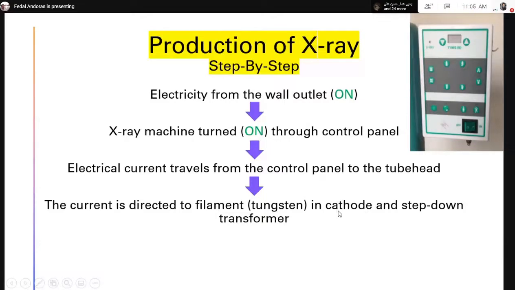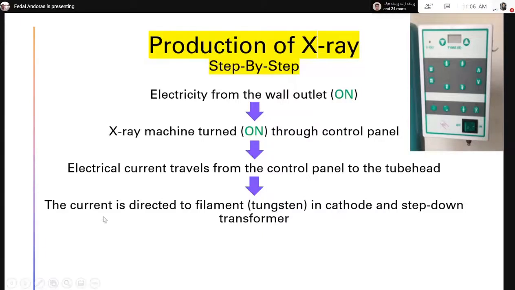If you remember, we had cathode and anode. On the cathode side, we had the tungsten filament and the molybdenum cup for focusing, and on the anode side, we had a tungsten plate embedded in copper.